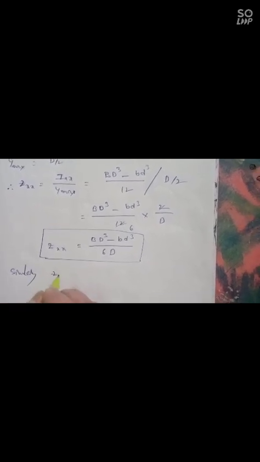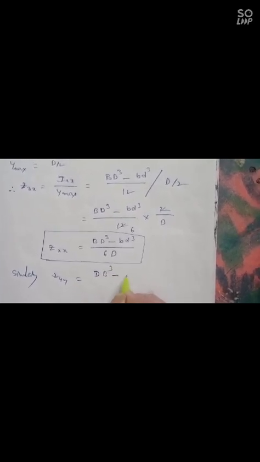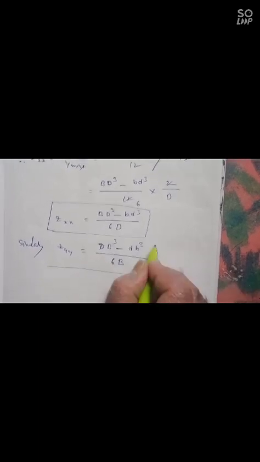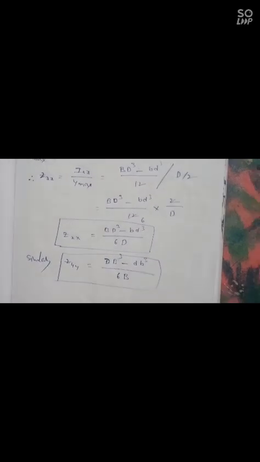Similarly, Zyy is equal to DB cube minus small d b cube by 6B.